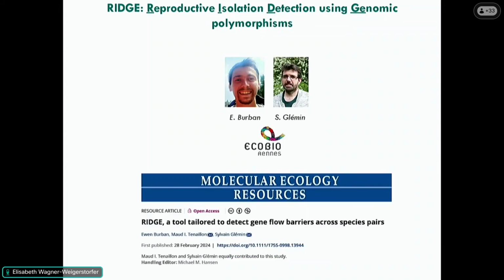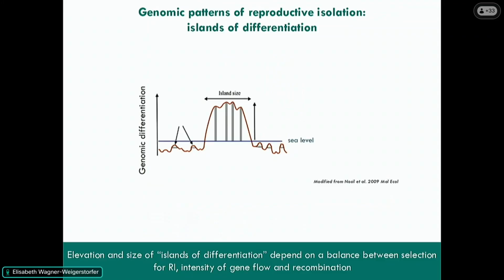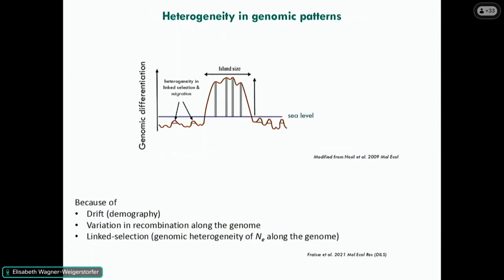This tool detects barrier loci. So how do we detect barrier loci? There are genomic patterns associated with reproductive isolation that usually translate into what we call islands of differentiation. The elevation and size of these islands depend on a balance between selection for reproductive isolation, intensity of gene flow, and recombination.